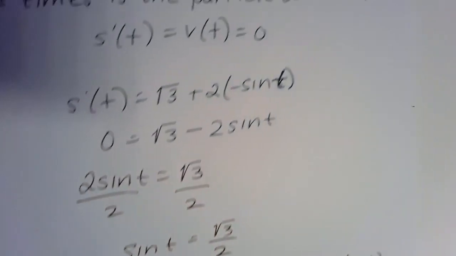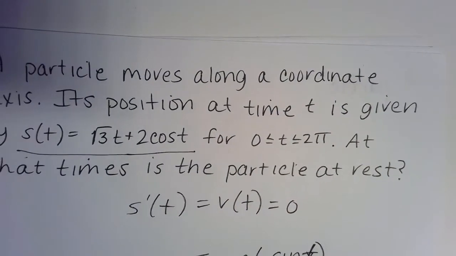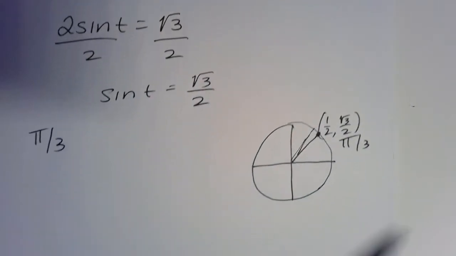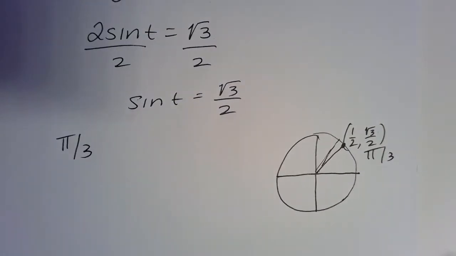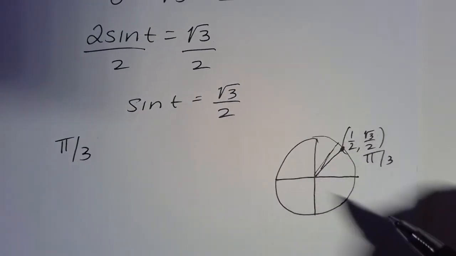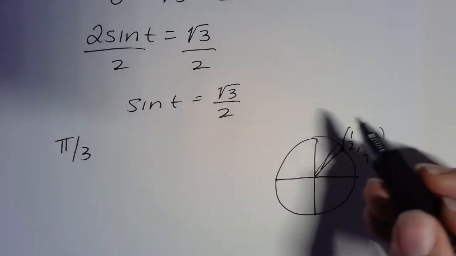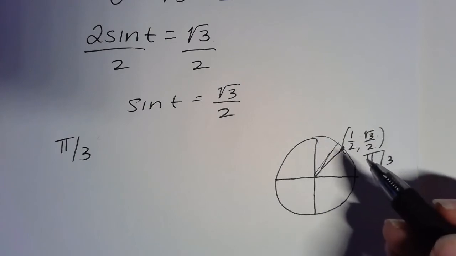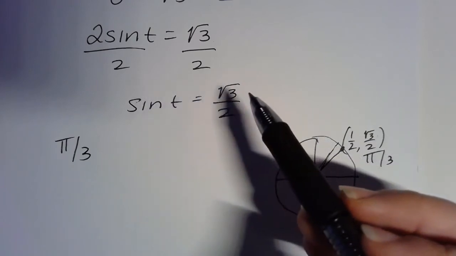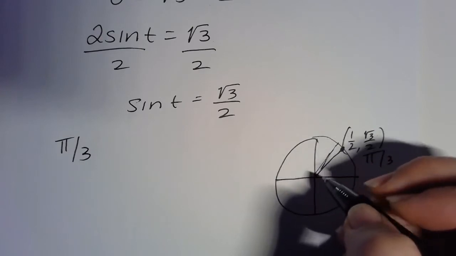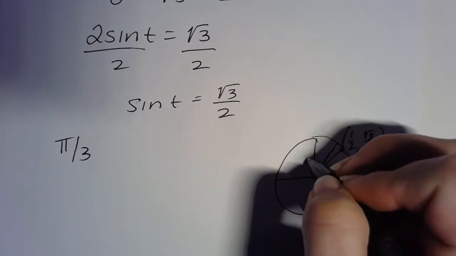Now this says for all t between 0 and 2 pi. I do know that pi over 3 will work, and there are actually 4 angles with pi over 3 that have some combination of these coordinates. But I want my sine to be positive, and so the only other place, remember sine is y, will be positive over here.